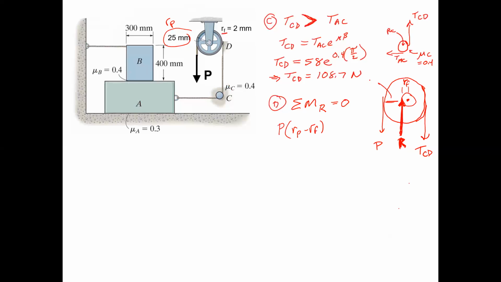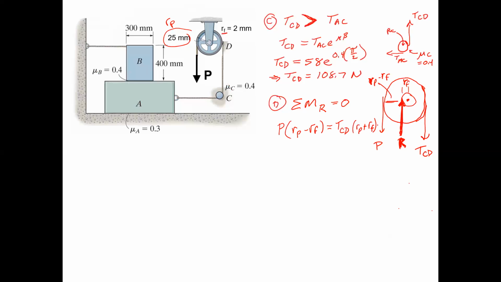So that distance here is RP minus RF. It's giving you a counterclockwise moment, right? And TCD times RP plus RF is giving you a clockwise moment. Those have to balance to be in equilibrium.